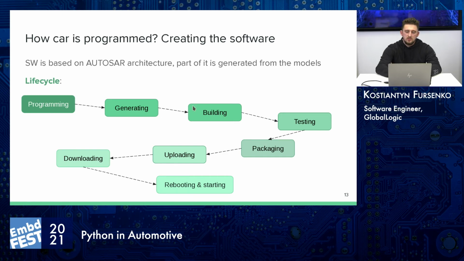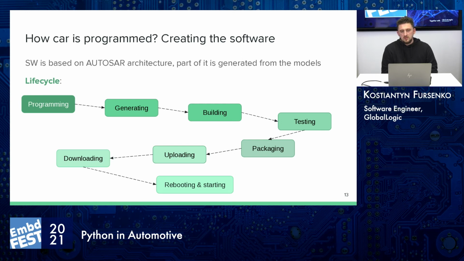Next, the code is built and tested, and testing is a broad topic as well, since we have a lot of testing, like unit testing and integration testing, where components are tested for integration and working with each other. We have system testing, a lot of testing here.